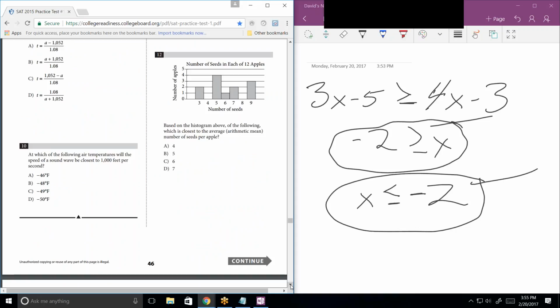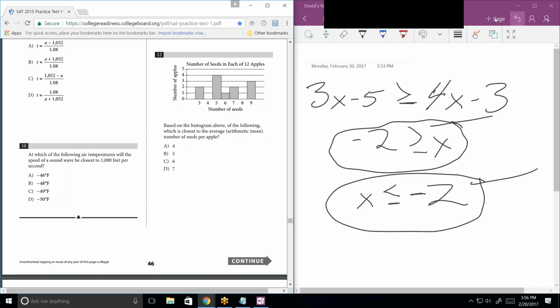Number 12. Is it 6? Well, this is another strange problem.